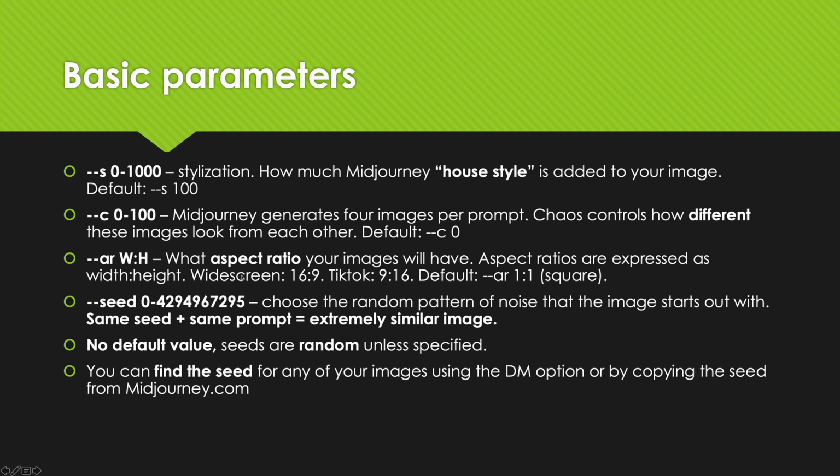For example, a widescreen image, like a widescreen movie, is 16:9. A TikTok video is 9:16. The ones we just saw were 4:3, which is the aspect ratio, for example, for some old movies. Some old movies have a 1:1 aspect ratio, but regardless, that's what it is. And the default value for this, if you don't set an aspect ratio, is 1:1.